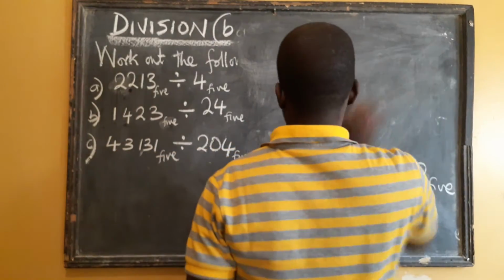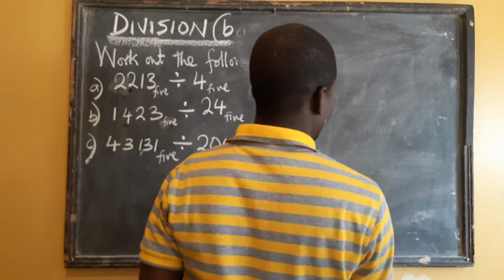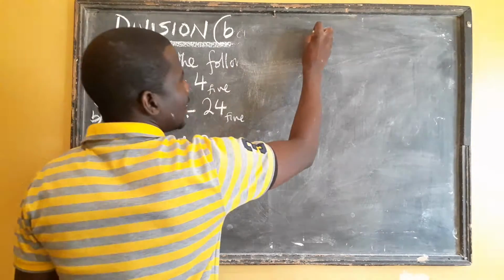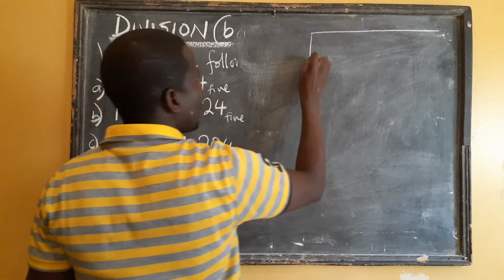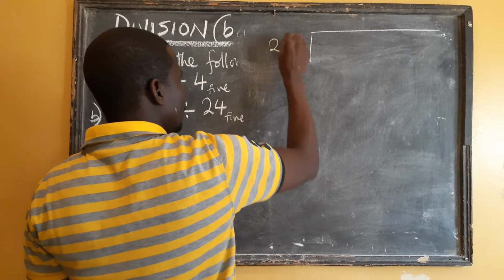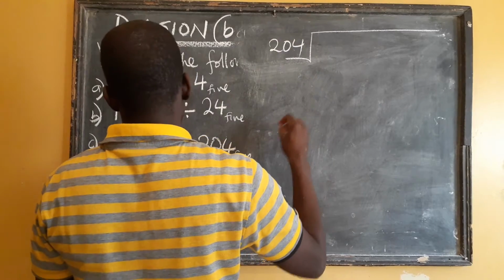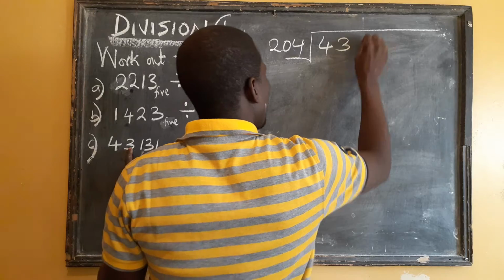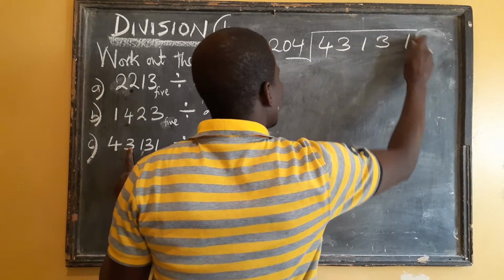Let's do the last one. Okay. So we have the same. What do we have? 2, 0, 4. Then we have 4, 3, 1, 3, 1.